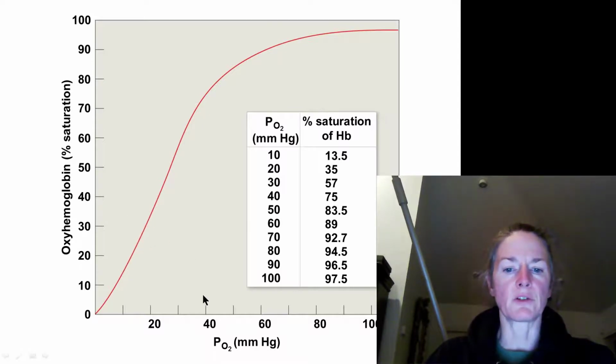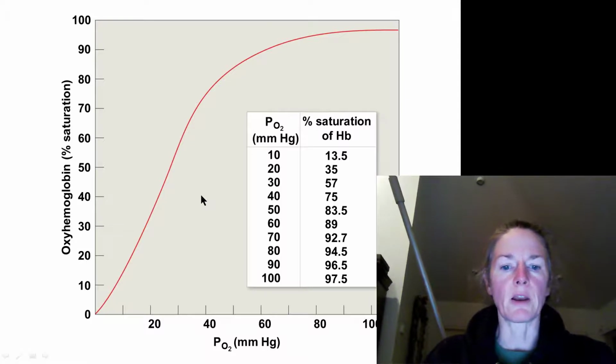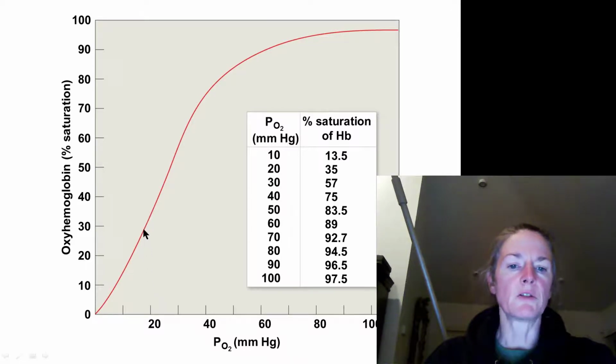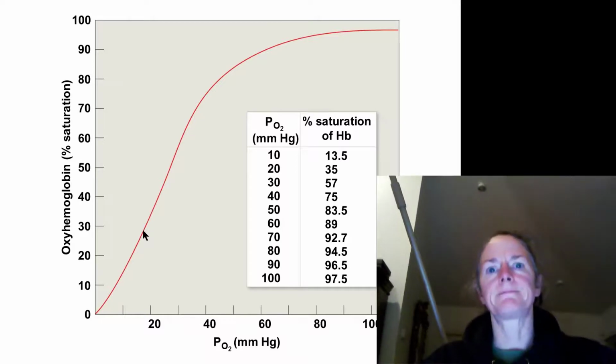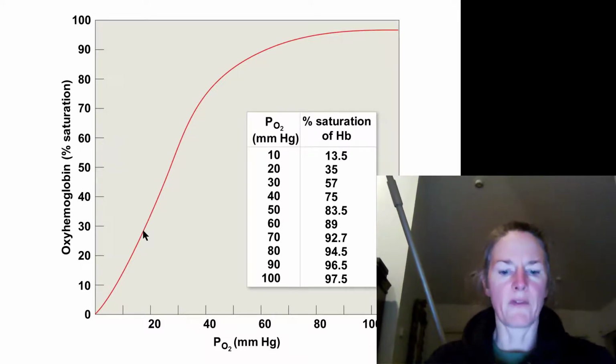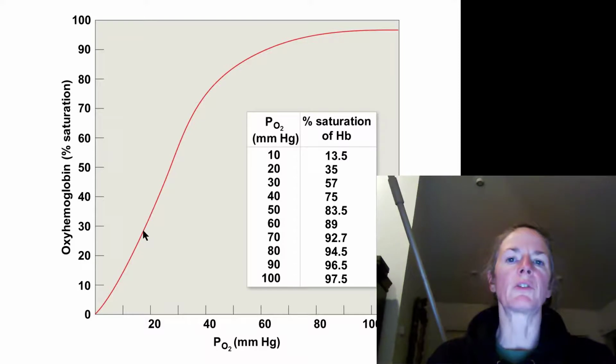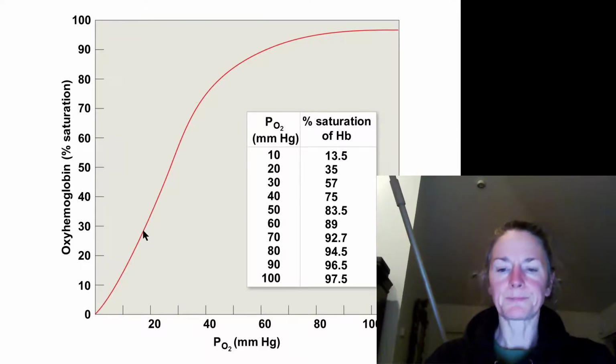We saw that in most interstitial tissues, it's around 40 millimeters of mercury. If you get down to 20 millimeters of mercury, you still have a saturation under normal conditions of around 30%. So this means that you have some reserve in venous blood. If suddenly you hold your breath or you have deprivation of oxygen for some reason, you still have some oxygen that's bound to hemoglobin.